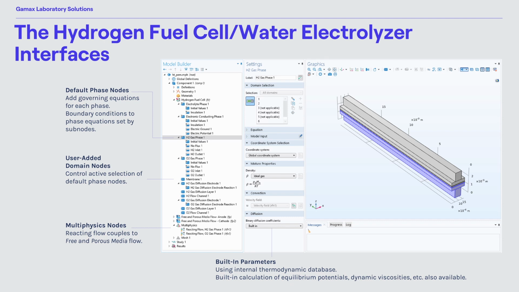The porous media is coupled to the fuel cell interface, so it creates a reacting flow coupling between the two physics. If you want, you can extend with heat transfer capabilities and so on. So you can gradually increase the complexity of your model, and you are still in the same user interface, adding more and more complexity to your model. That's in a nutshell the fuel cell part from one of the models' user interface.